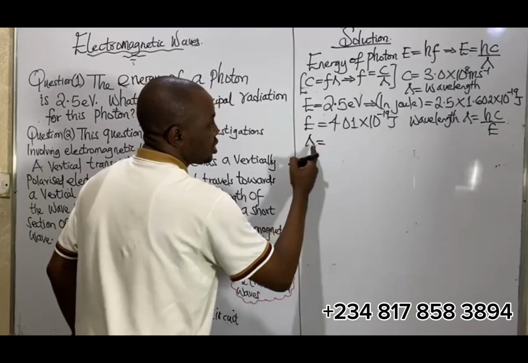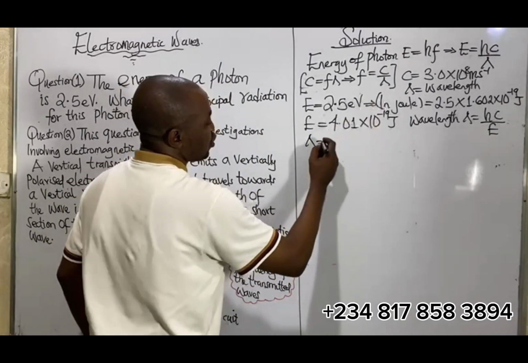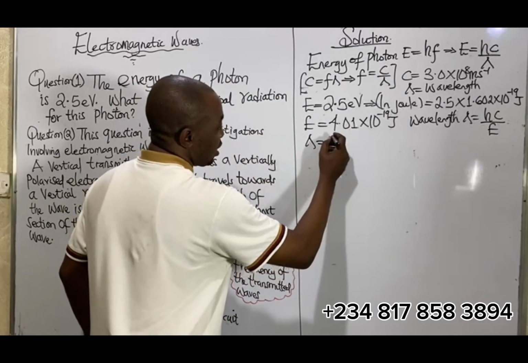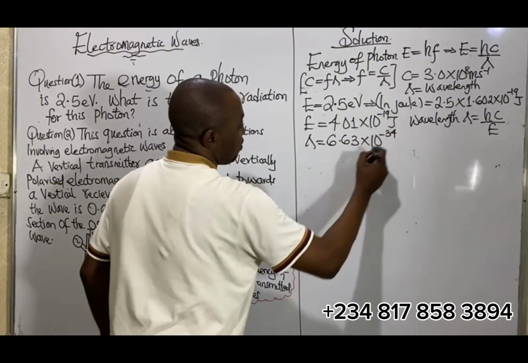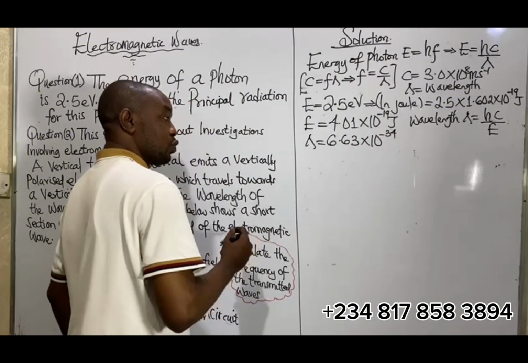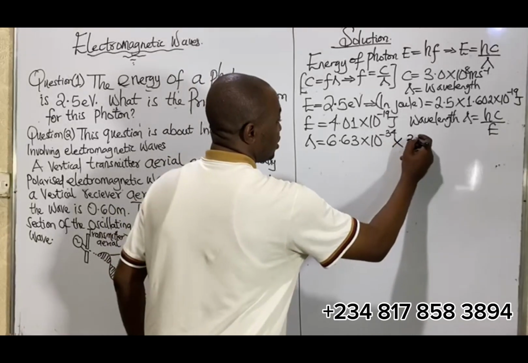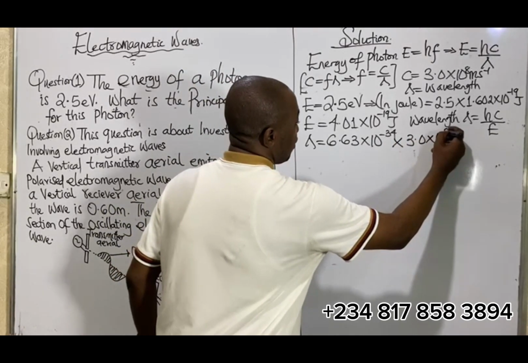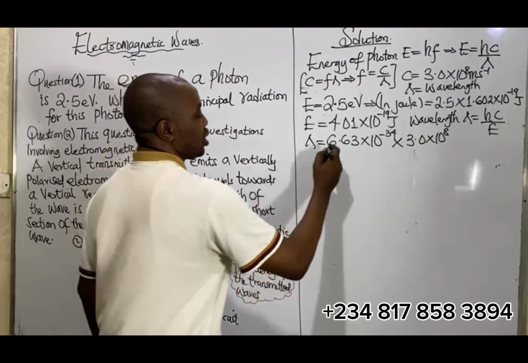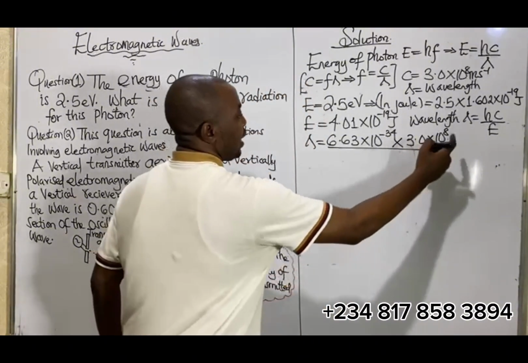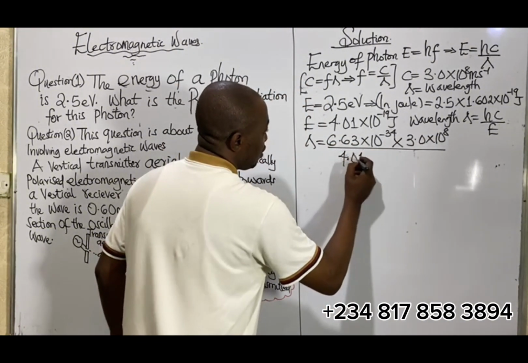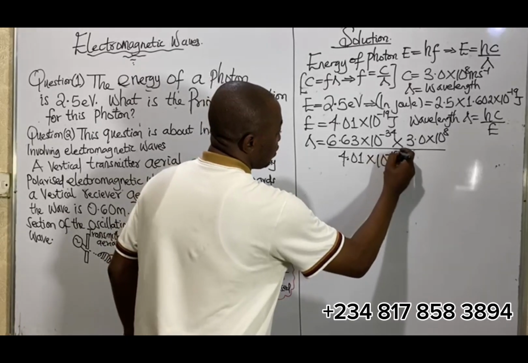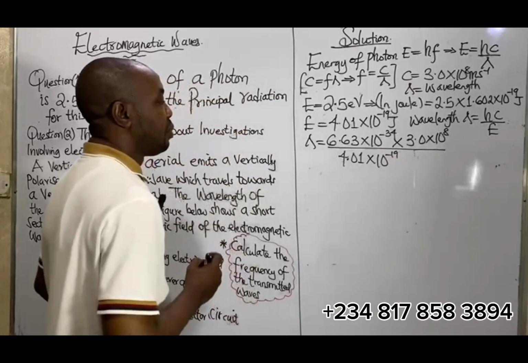So the wavelength is Planck's constant, 6.63 times 10 raised to the power of minus 34 joule seconds, times 3.0 times 10 raised to the power of 8, the speed of light, all over the energy, 4.01 times 10 raised to the power of minus 19.